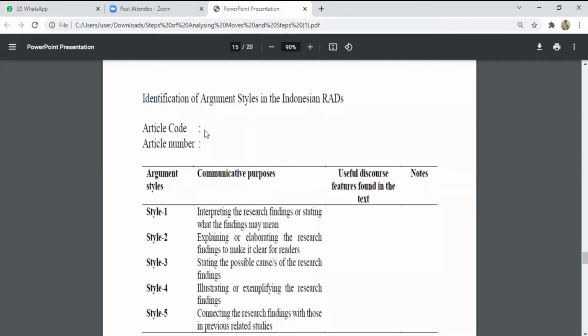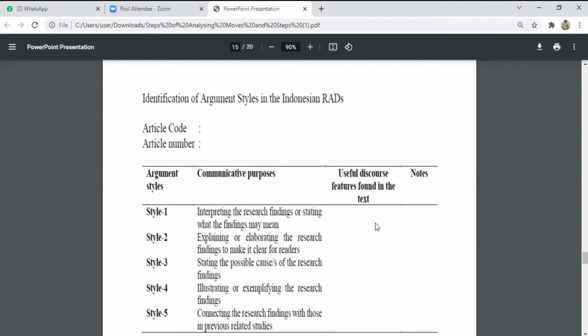This instrument is used to analyze one discussion section, not several, just one. You have to write the article code. The code is from the field of discipline and article number. It is better to write the title of the article and then the name of the journal. And here, useful discourse clue.